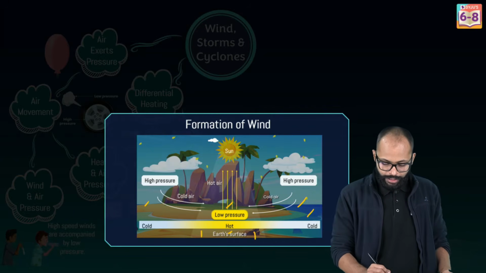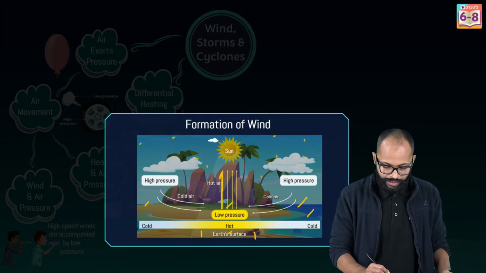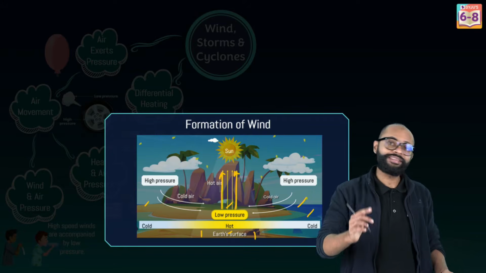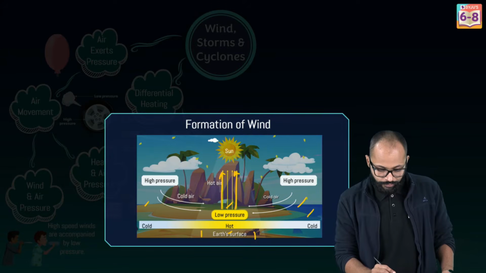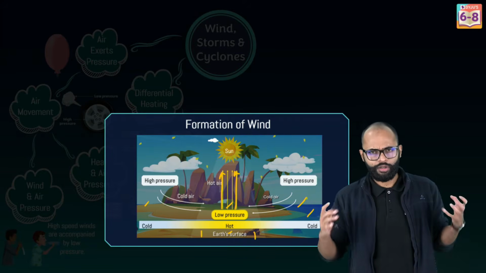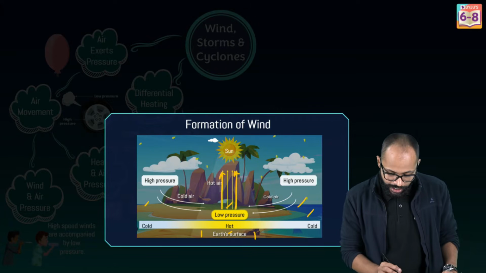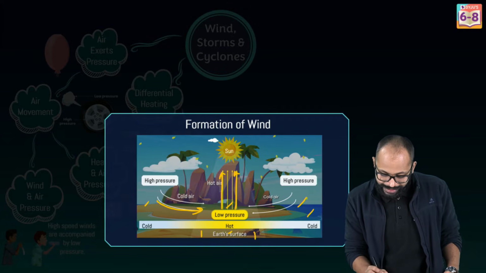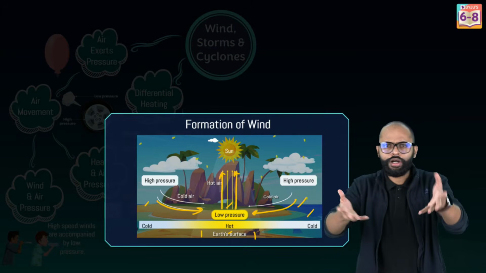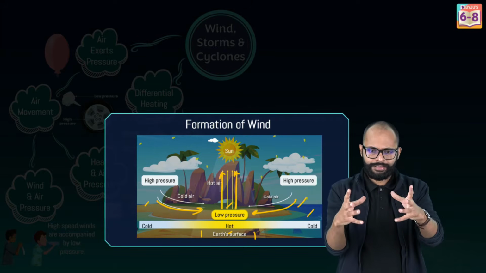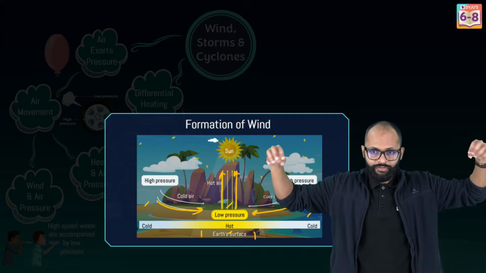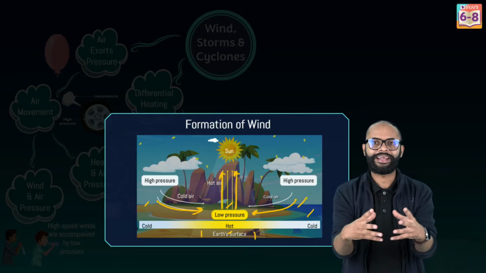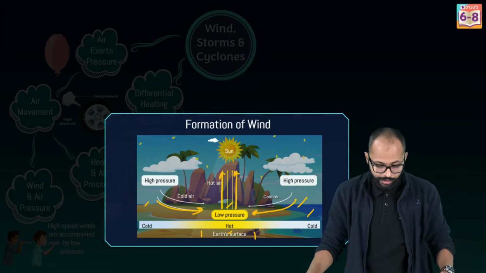Now, we are saying because of low pressure, the hot air will rise up, right? Hot air will rise up, okay? Because of high pressure, or I would say cold air, pressure is high, means air will move towards the center. Because you think about it, hot air has flown up. It's an empty space. Cold air from the side will move towards the center. And this is what is causing the wind.